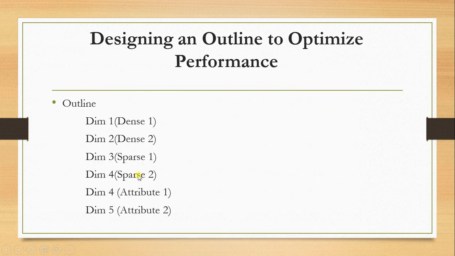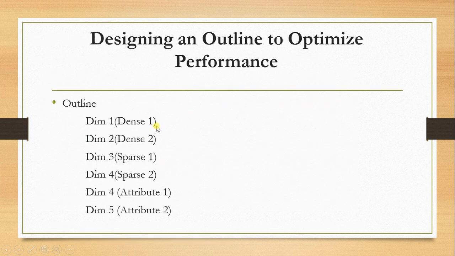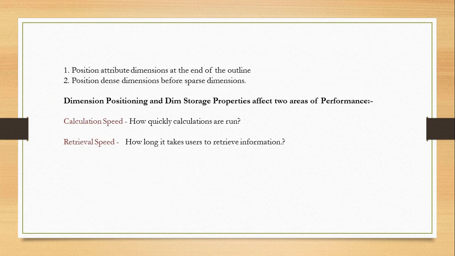Above the attribute dimensions we have the sparse dimensions, sparse 1 and sparse 2, and at the uppermost we can see the dense dimensions. So our outline structure should be this way: the dense dimensions come first, then the sparse dimensions, and the attribute dimensions at the last.